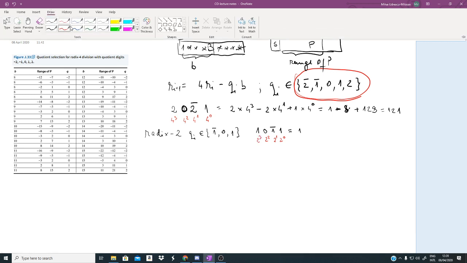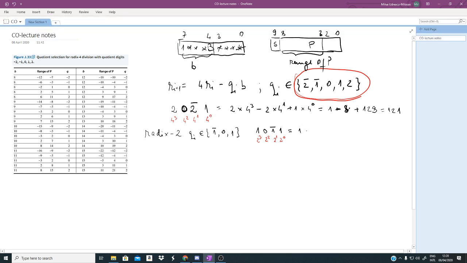So it's 1 times 2 to the power 3 minus 1 times 2 to the power 1, and plus 1 times 2 to the power 0, which is 1, minus 2, right? And plus 2 to the power 3, which is obviously 8. So it's 8 minus 1, that's 7.